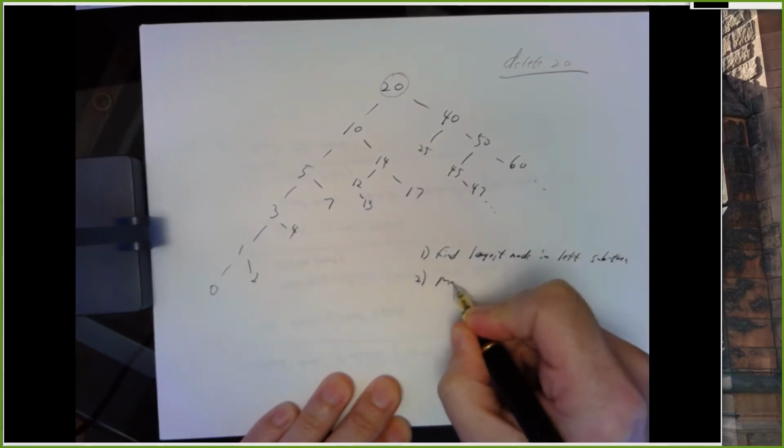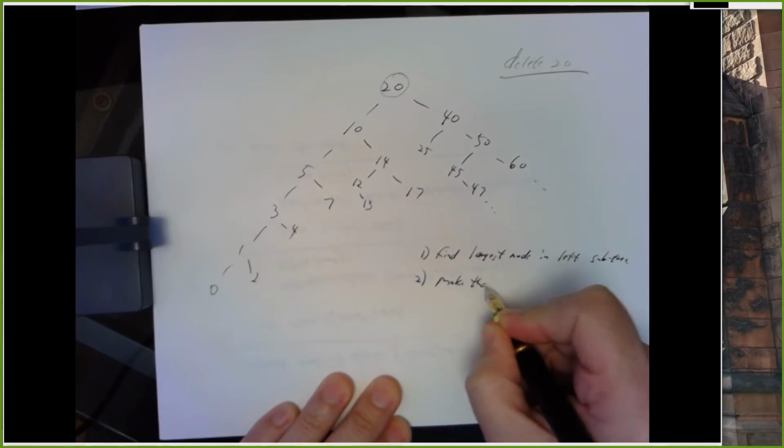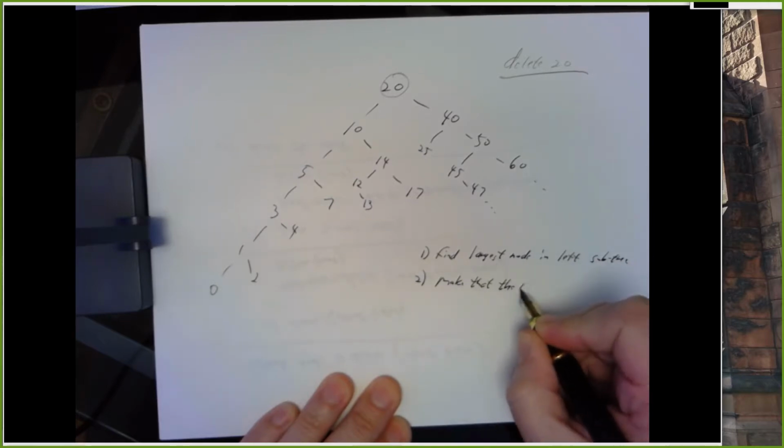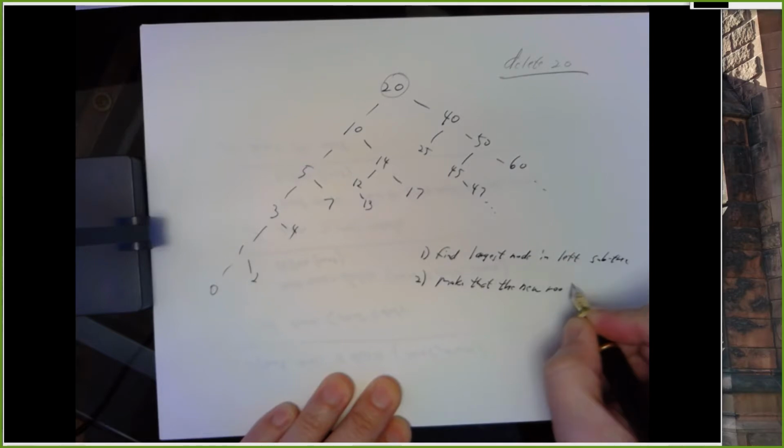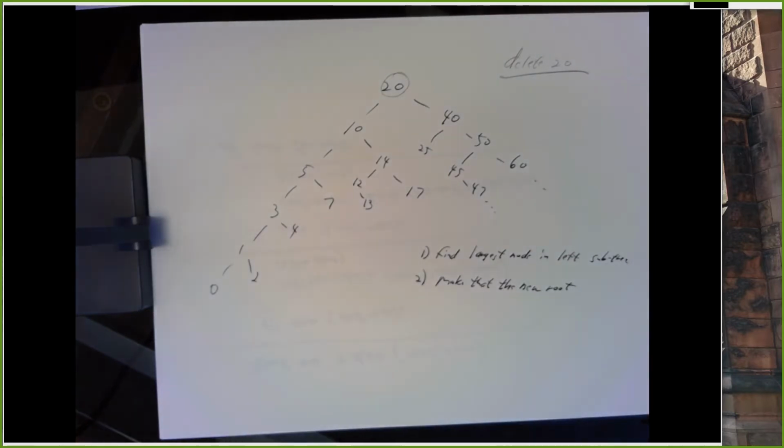And 2, make that the new root. So find the largest node in the left subtree and make that the new root.